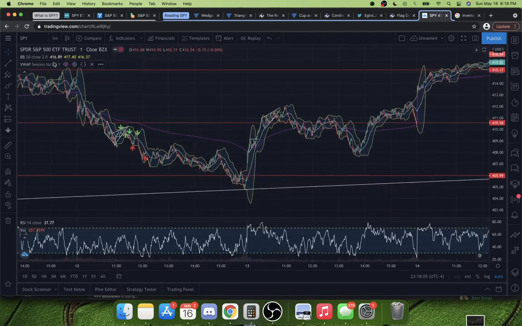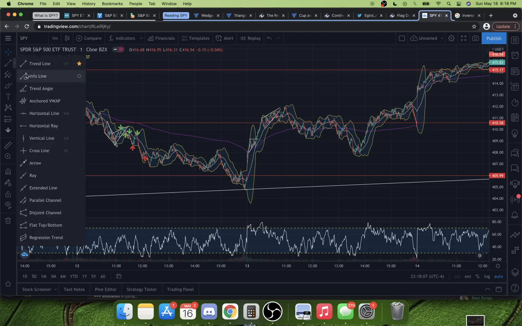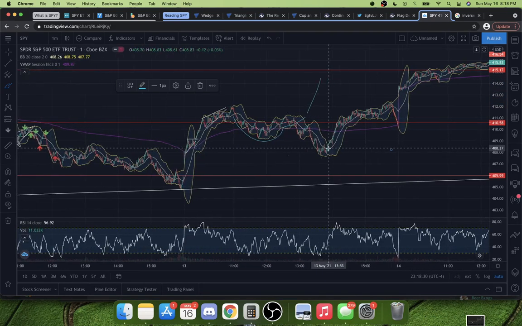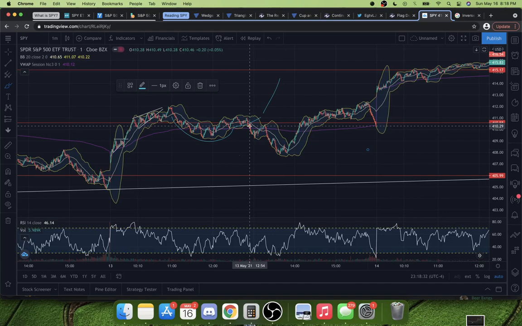Now, here's an interesting one here, because you don't always have these patterns play out how they're expected. Okay, but here you can see there's actually a bit of a cup and handle right here, and you might expect it to continue from this cup and handle, but it does not, and it breaks down.